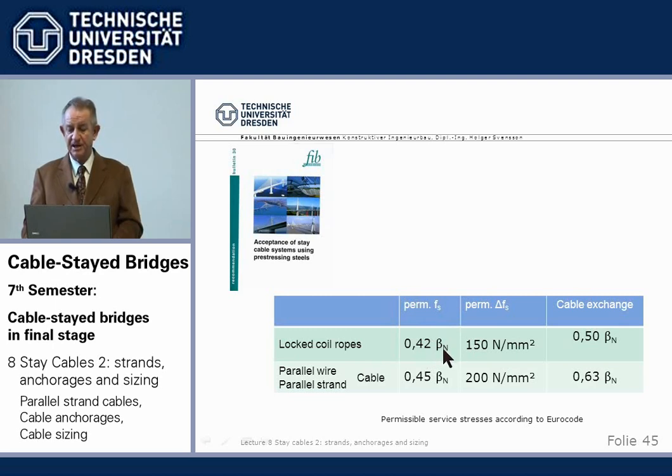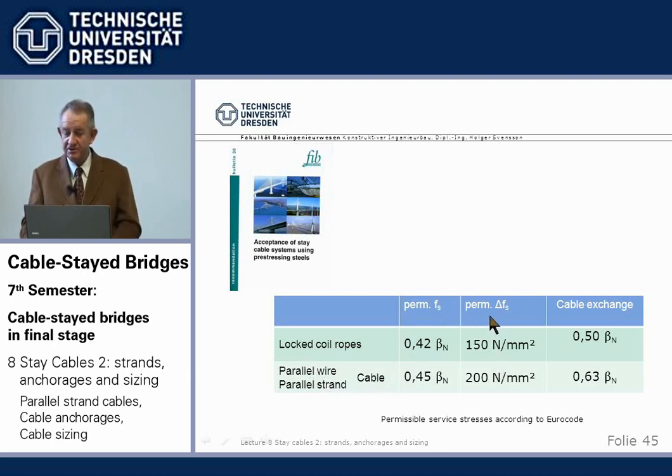It still says beta N, we have to change that into GATS. 42% of the ultimate strength for lock coil ropes and 45% of the ultimate strength for parallel wire and strand. And that's basically all you need to size stay cables, as far as I'm concerned.